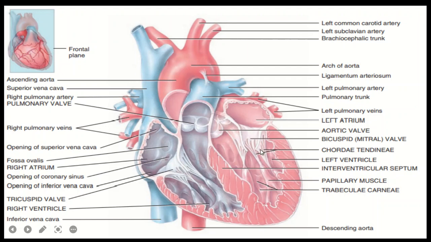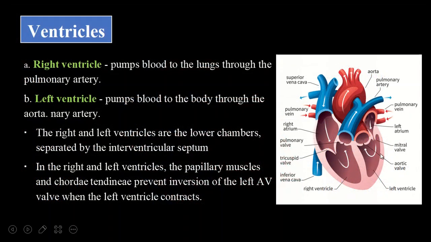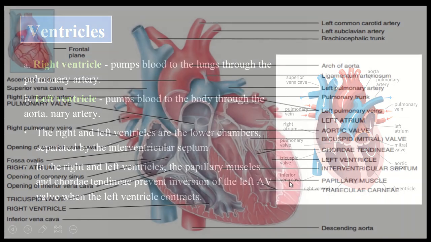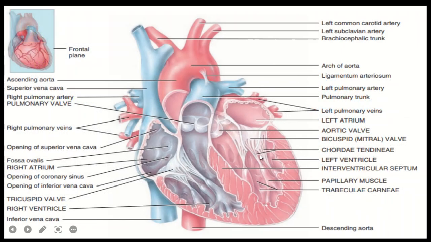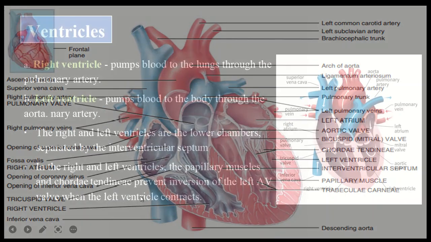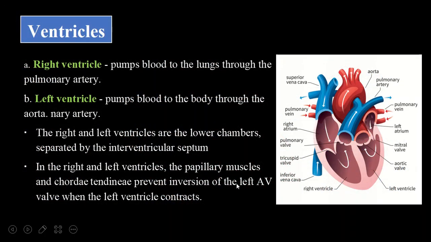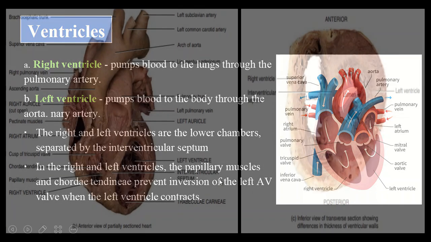So this papillary muscle and chordae tendineae, pag nag-contract itong left ventricle, will prevent the inversion of the bicuspid valve or the AV valve. Yon, it prevents the inversion of the left AV valve, itong bicuspid valve when the left ventricle contracts.